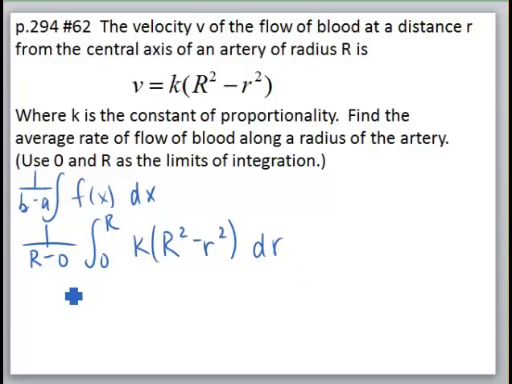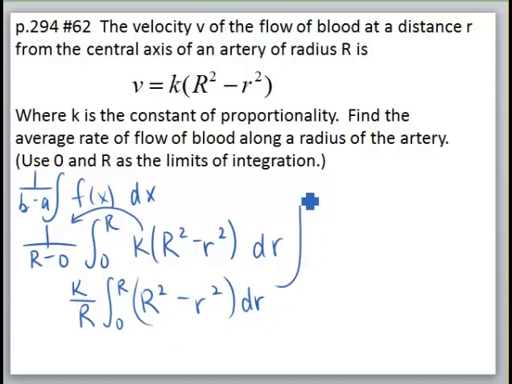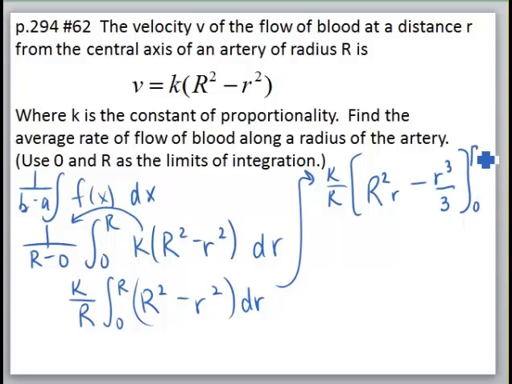So it is k over r minus 0 is r. And I'd integrate big R squared minus little r squared dr. We'll come up here and finish this. So when I integrate, I get big R squared little r minus little r cubed over 3 from 0 to r.